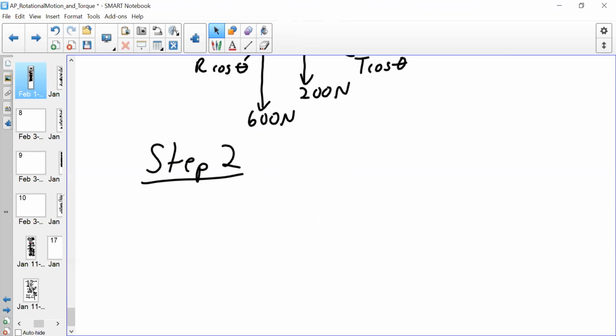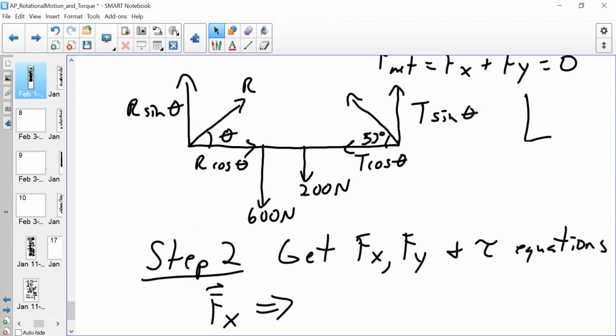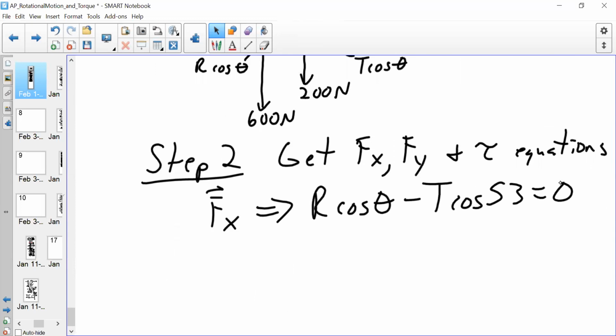So step 2, get the Fx, Fy, and torque equations. For all the forces in the x direction, our perspective is x, y like that, a very simple orientation. So for the sum of forces in x, we have R cosine theta minus T cosine 53, and everything's balanced, so it equals 0.